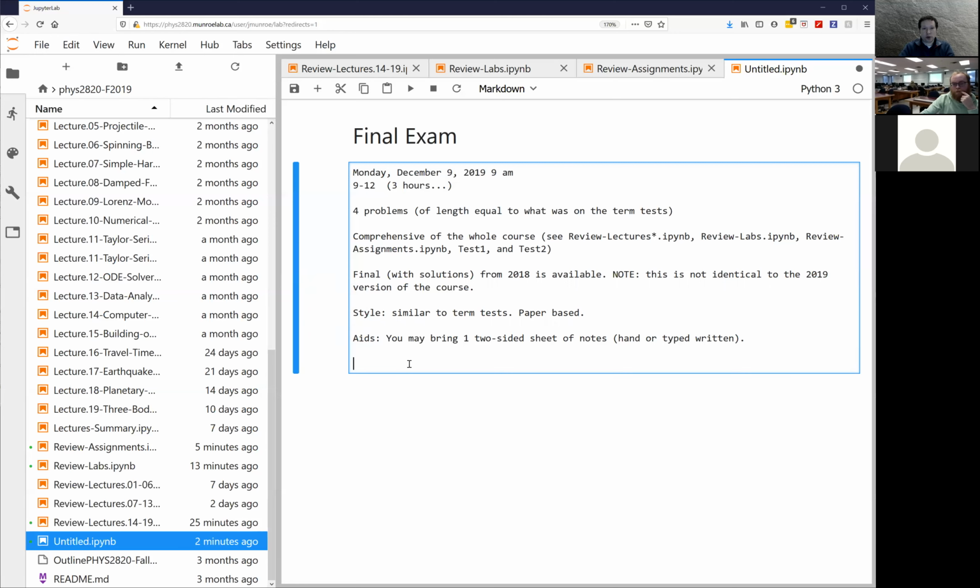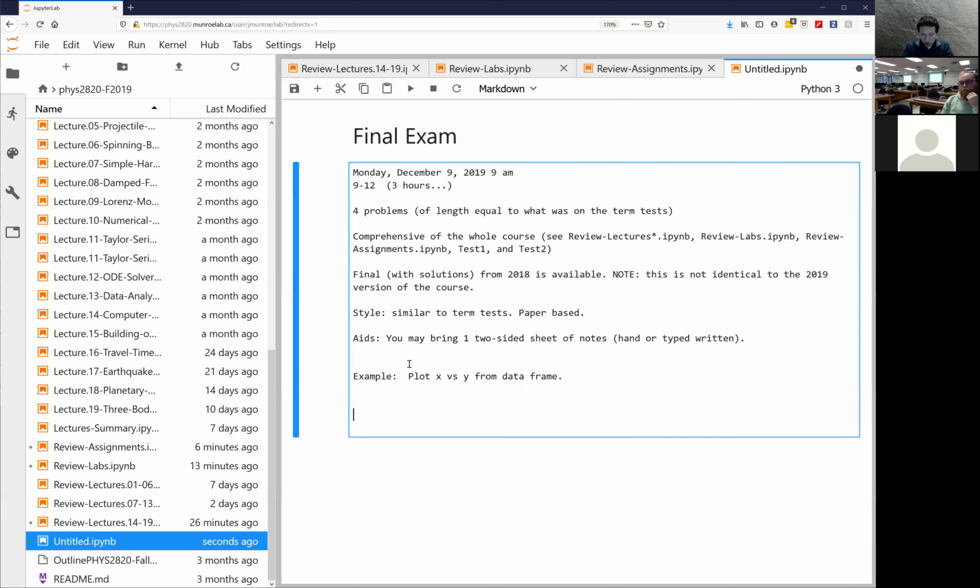I have a question for you though. When I'm preparing this, what I had been doing was similar to the labs, where I gave you a piece of code. So for example, imagine we had some data, and the data table had 3 columns.